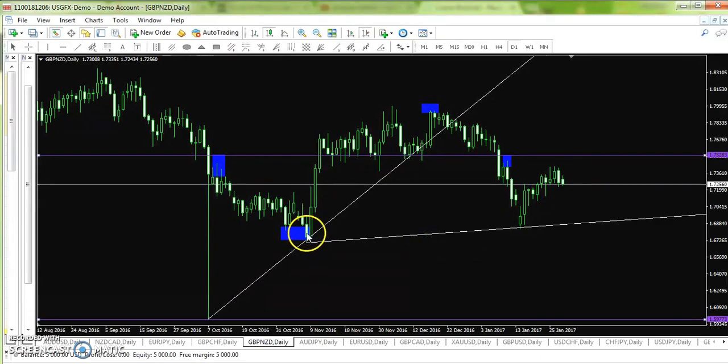This is the lowest point, right? This swing low point. This is also the lower point, the swing low point, right? I connect with a trend line. When the trend line will be broken, probably on this point or on this point, go short.